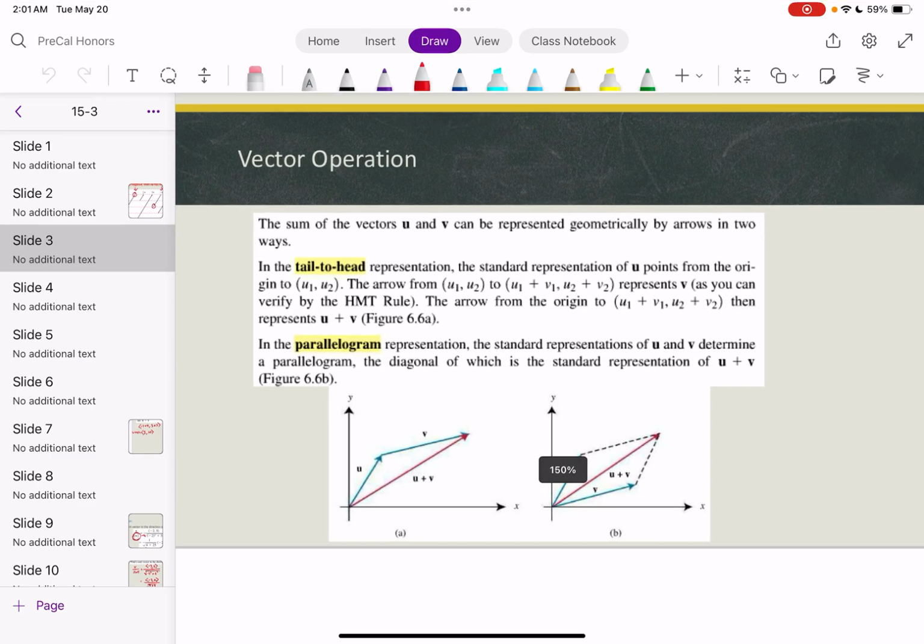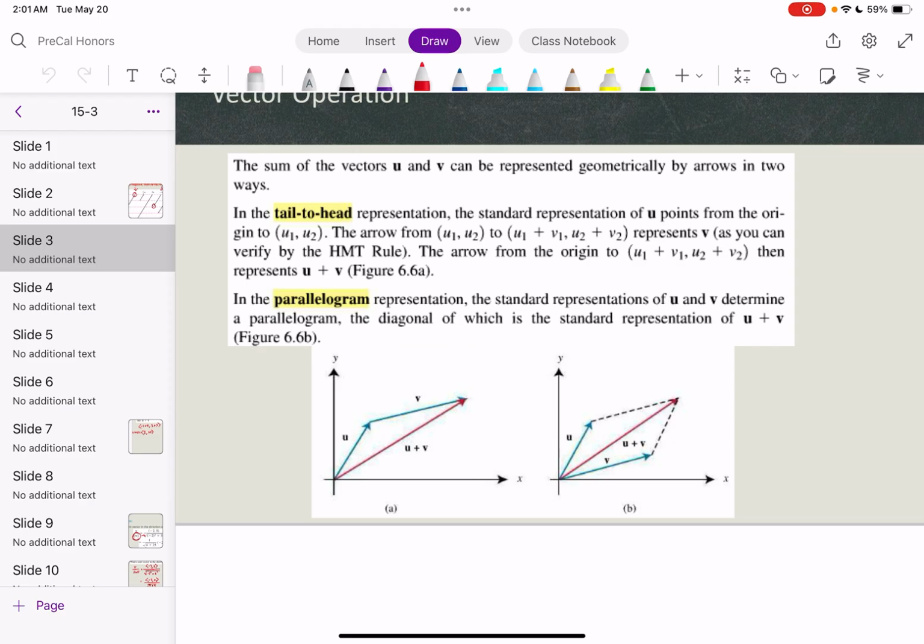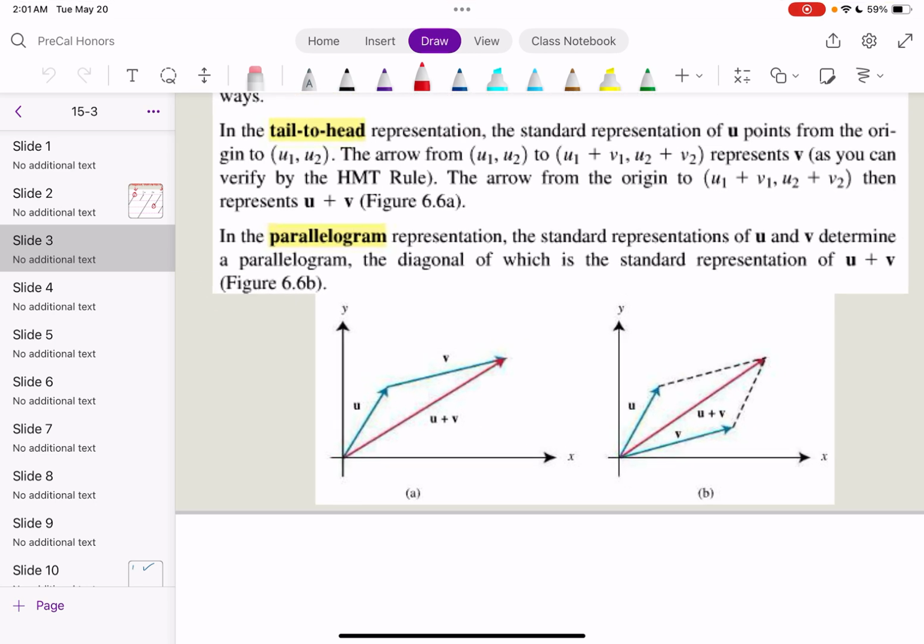In this slide, we go ahead and talk about tail to head, as well as the parallelogram representation and understanding how everything comes together. In example A, we talk about tail to head.